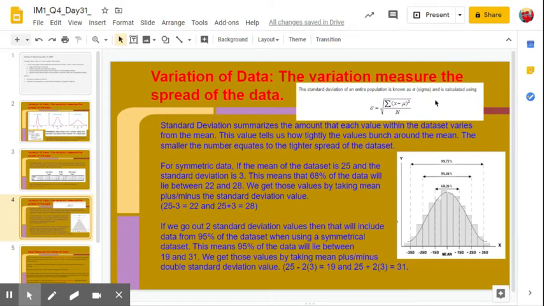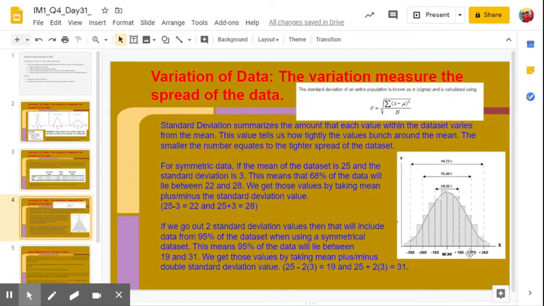But what I want you to know is this works best with symmetrical data. When our data is symmetrical, what we have is this bell curve here. Within one standard deviation from the mean, that means the mean plus one standard deviation and the mean minus one standard deviation, about 68% of the data values will fall.